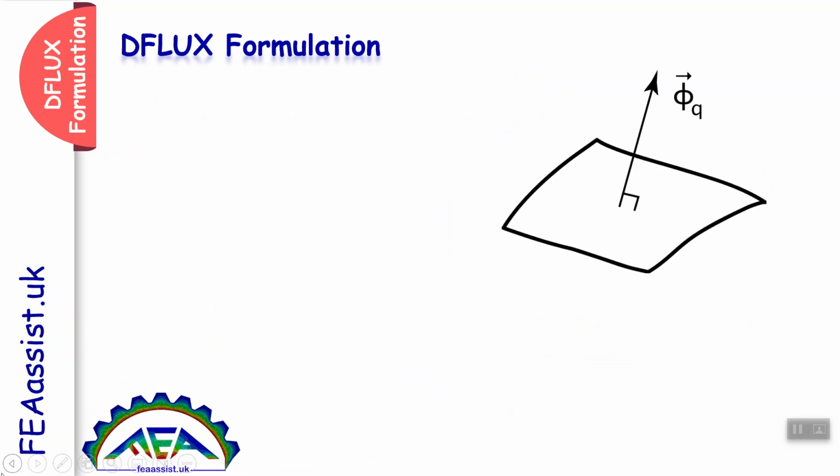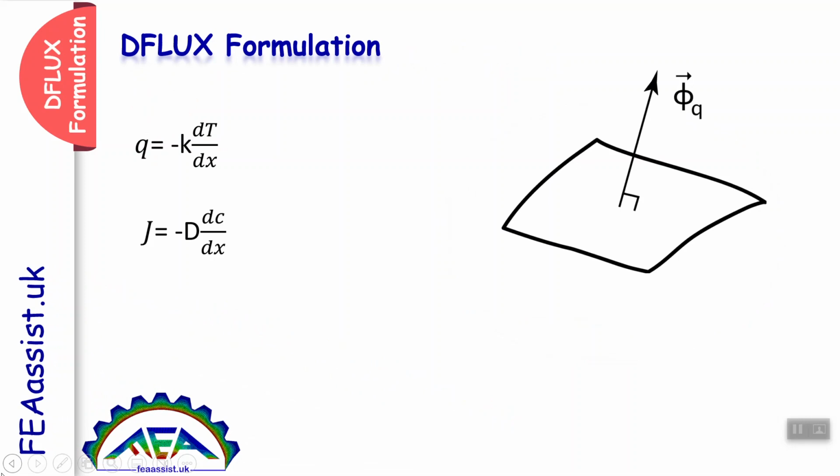DFLUX formulation. Before going to details of the formulation, you need to understand flux. What is flux? In heat transfer problems, flux is the amount of heat, the amount of energy transferring through a unit of area in a unit of time, which is a function of the derivative of temperature with respect to x in one-dimensional problems.